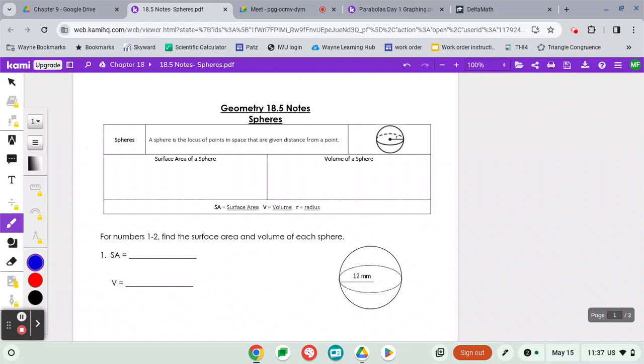Will we have the cheat sheet for the final? Yes, so I am finalizing. I think tomorrow the geometry teachers were meeting, and we're going to finalize that. You will get one. It will have formulas. I'll give you one that's got a lot of formulas on it, and then there won't be a ton of space. But if you want to add little notes on it, you can.